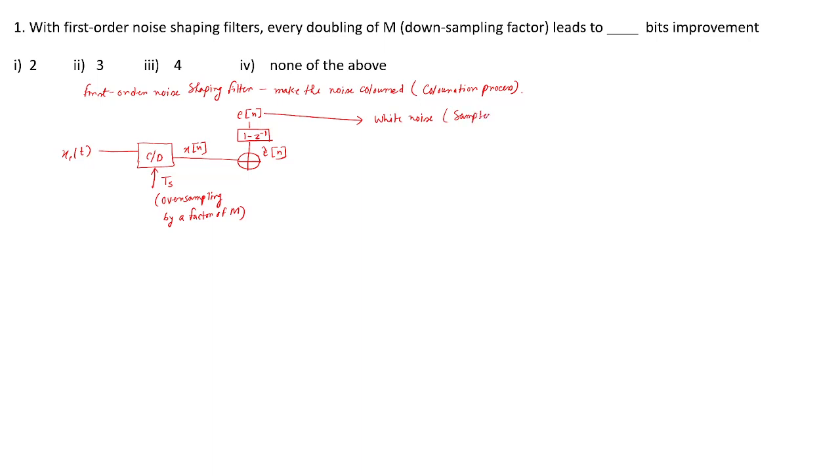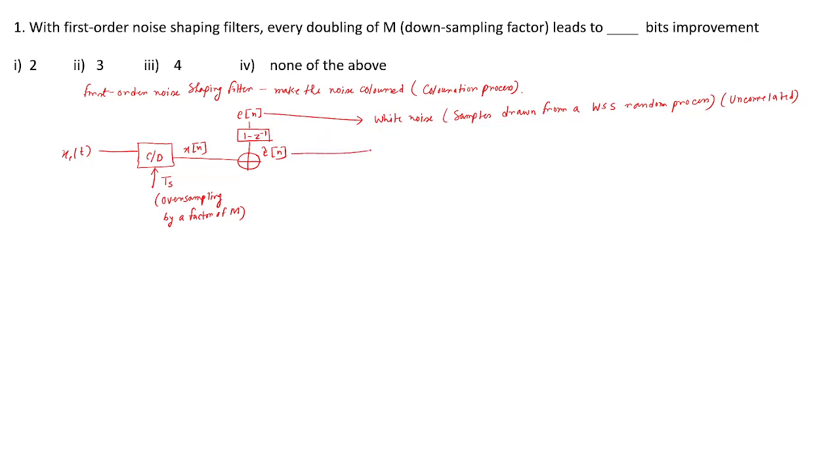If you remember from lectures, these are samples drawn from a wide sense stationary random process, and this is uncorrelated. That is, there is no correlation between the samples of this quantization noise from one instant to another.